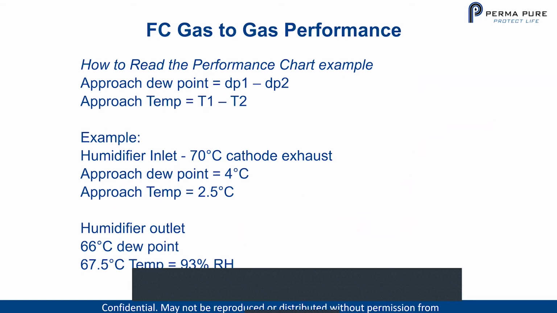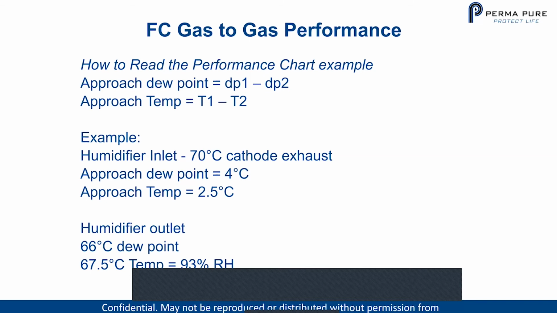So the approach dew point is dP1 minus dP2. Your temperature is T1 minus T2. dP1 and T1 mean the dew point and temperature of the gas being used for humidification, and dP2 and T2 mean the resultant outlet gas.